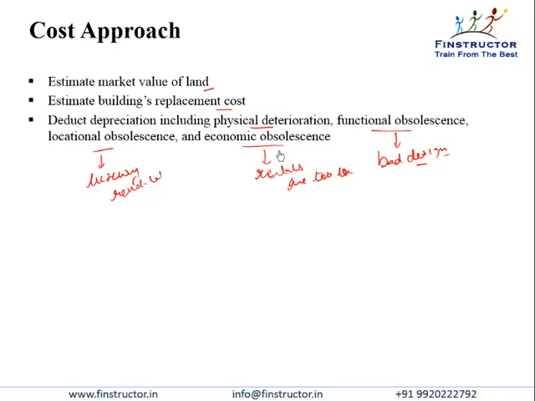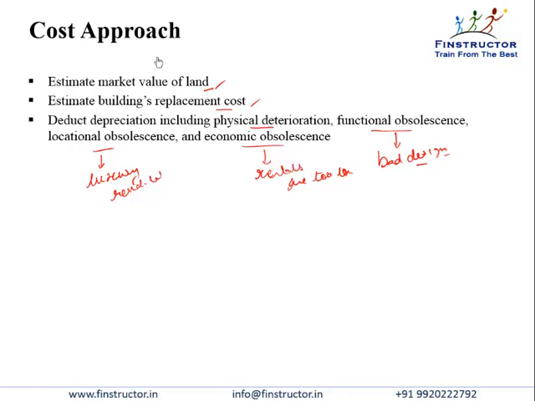So economic obsolescence basically indicates that rentals are not high enough to substantiate this market value of land and this replacement cost. That is, today's sale price is at a discount because of some economic obsolescence.